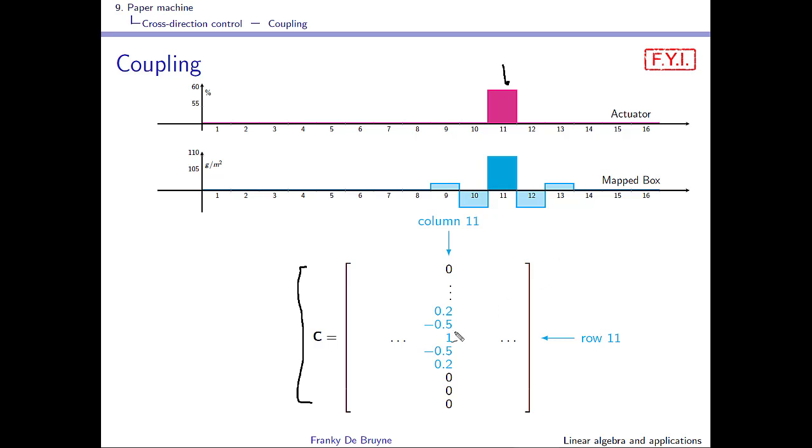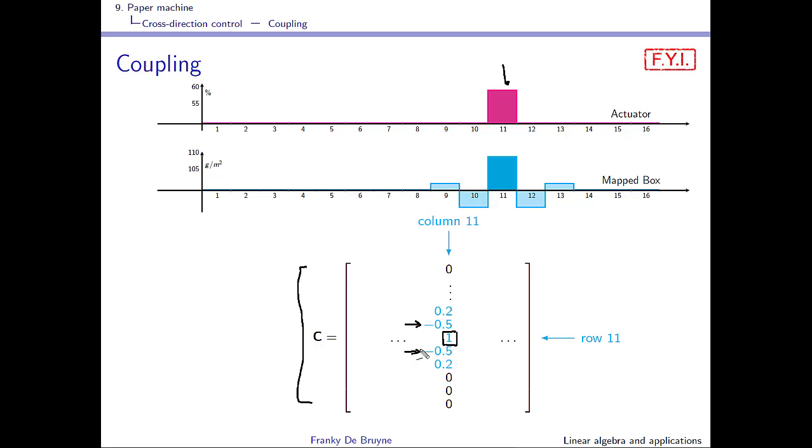This is what you see over here. You see also that actuator 11 has an influence on the neighboring mapped boxes 10 and 12, and there you see a decrease of 5 grams per square meter. So this leads to these gains here, minus 0.5.